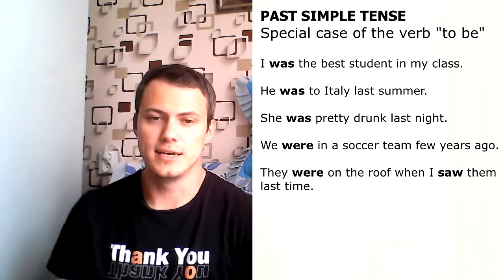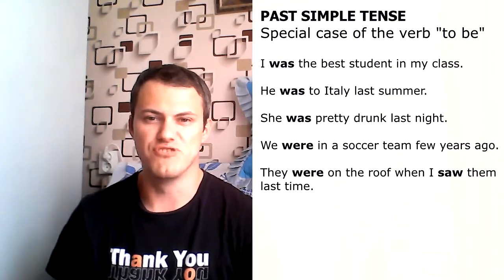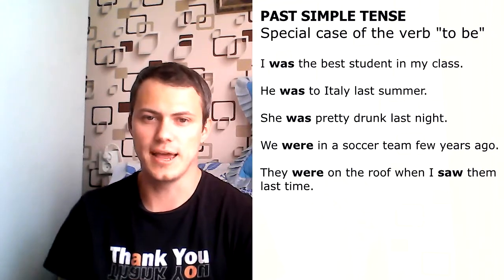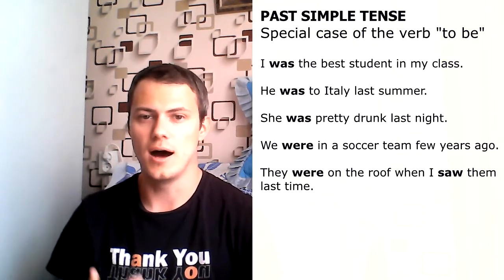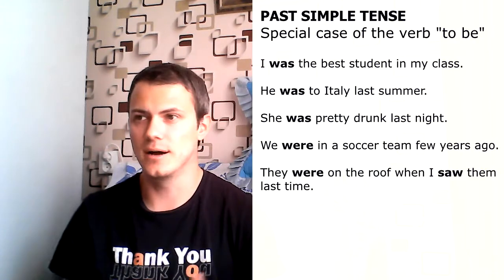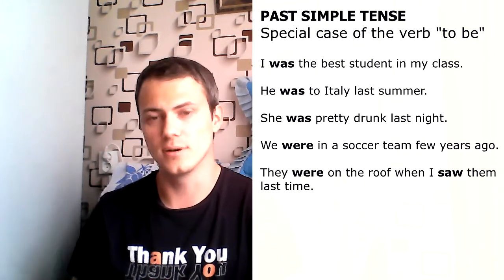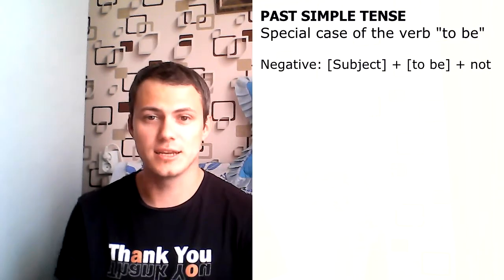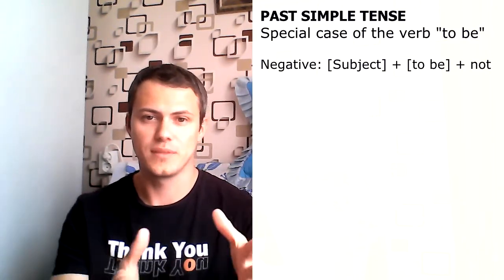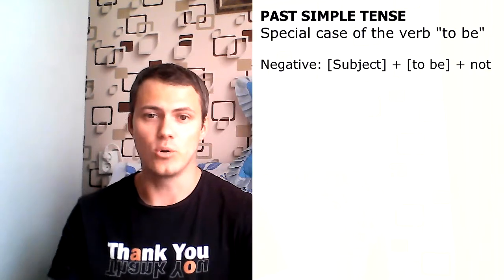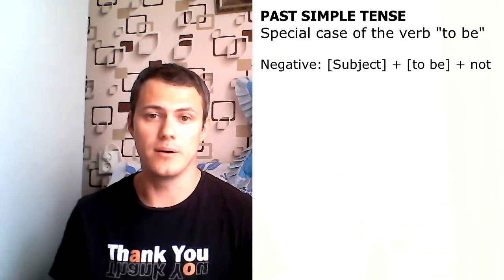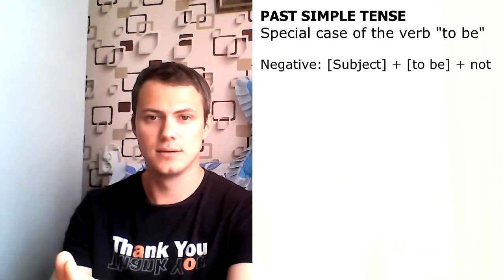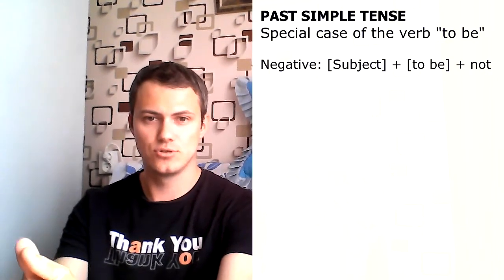As I said before, the verb to be is very strong and it doesn't need any auxiliary verbs when we want to make any negative sentence or any question. So, for negative sentences, we should just take our verb to be in the past simple form and add not to it.